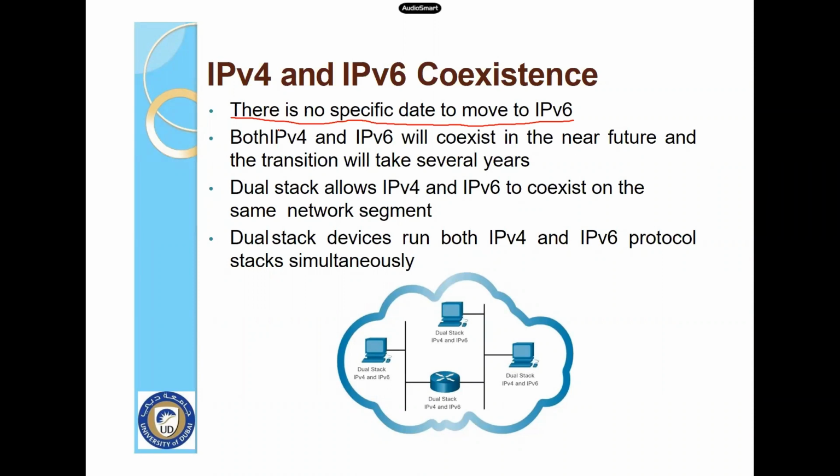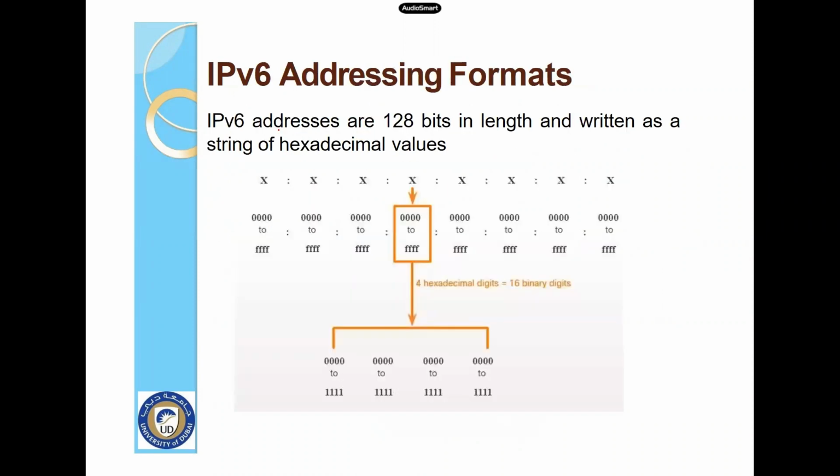The format of IP version 6 is as follows. It's 128 bits. Now they are not separated by octets; they are separated by hexadecimal digits. So IP version 6 addresses are 128 bits in length, written as a string of hexadecimal values. In fact, they group 2 bytes together, like in this case.